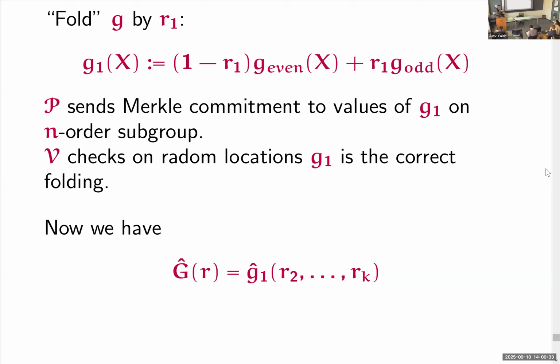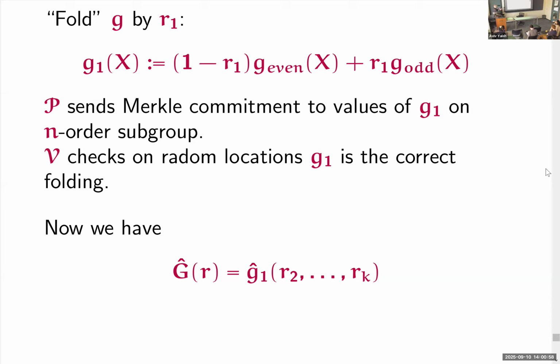There's a lot of type conversions here. And now we think of it as a k minus 1 variate multilinear, by the corresponding k variate. Then G hat of R, what we're interested in, is going to equal G hat 1 at just R2 to RK.